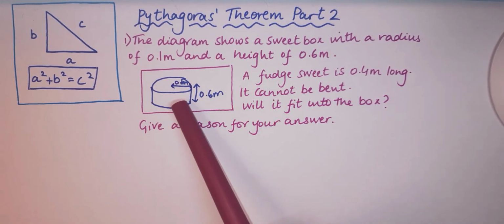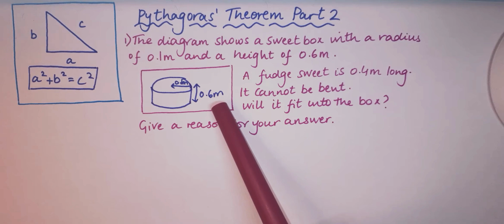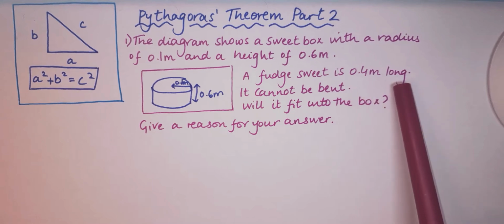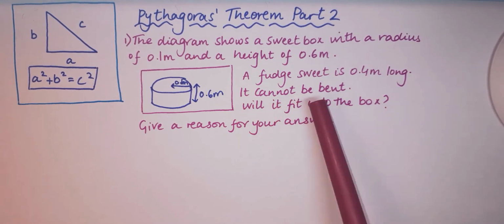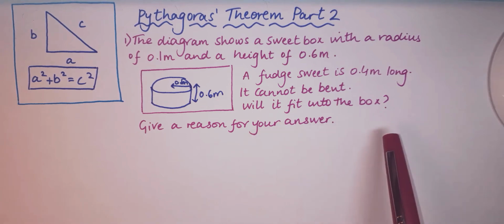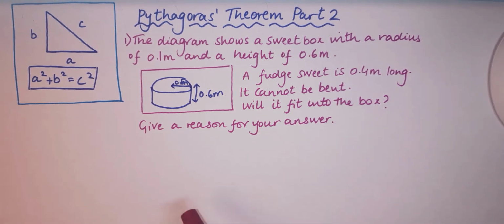A fudge sweet is 0.4 meters long. It cannot be bent, so you cannot bend it and put it into this box. It has to be put in with its full length. Will it fit into the box? Give a reason for your answer.